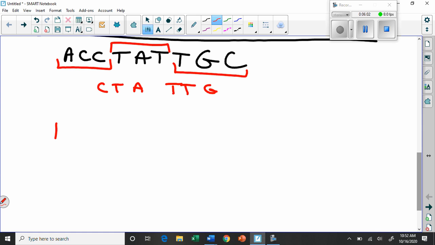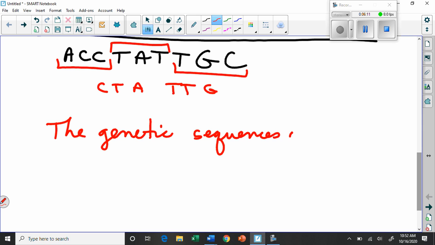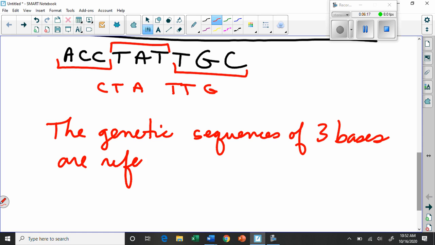So these genetic sequences of 3 bases are sometimes referred to as codons, because they code for something. They code for a very specific amino acid. So that's another word for these 3-letter words: codons.